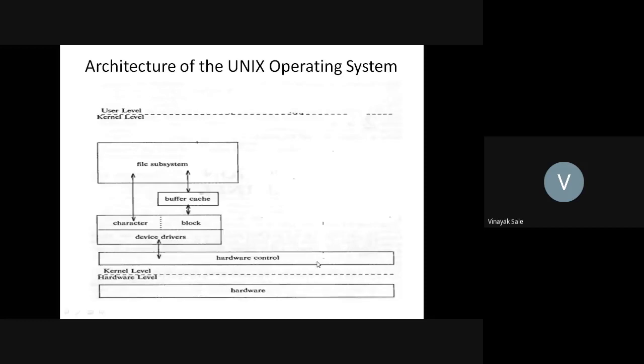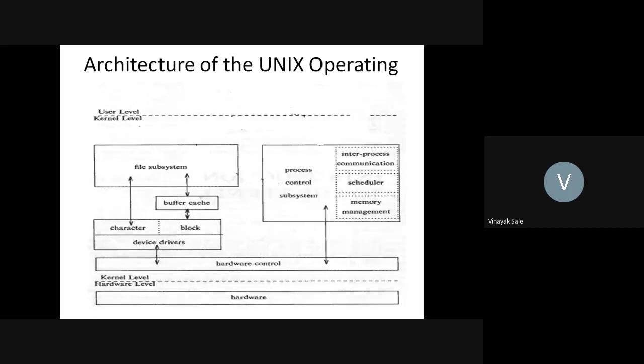Then whenever processes are going to run or execute, there is a process control subsystem which communicates with this, and this process control subsystem contains three parts: inter-process communication, scheduler, and memory management.